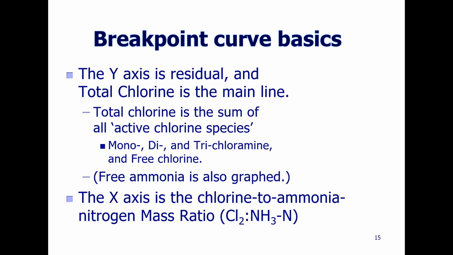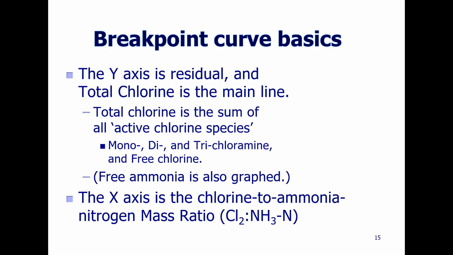So that's the sum. When we measure the total chlorine in our little pink test, DPD, we are measuring all active chlorine species, all added up, right? And so that'll be the mono, di, trichlorine, free chlorine, all the active chlorine species we're talking about.